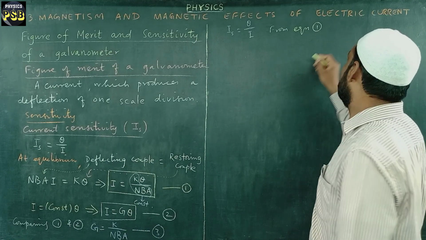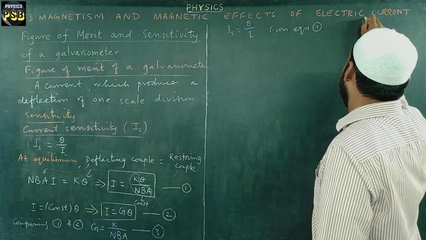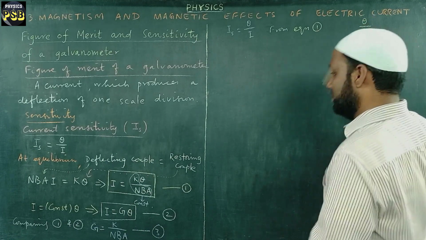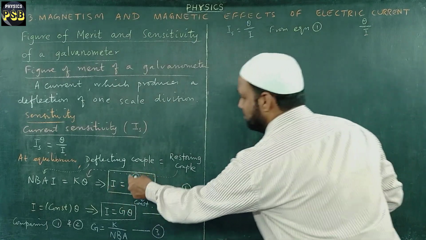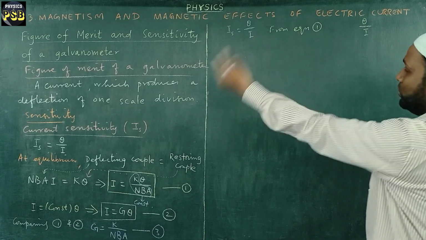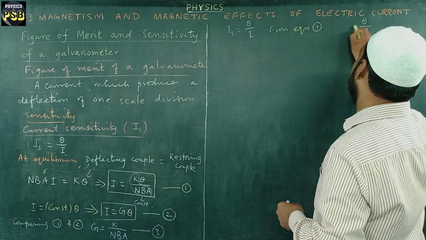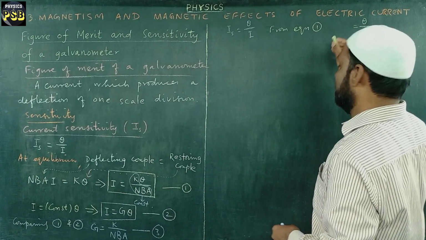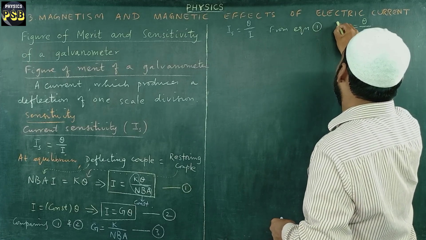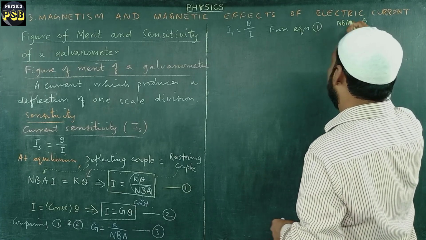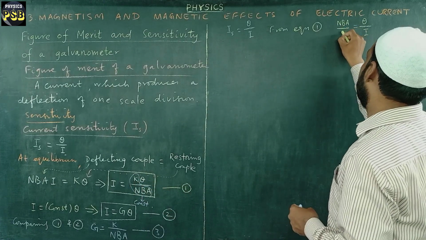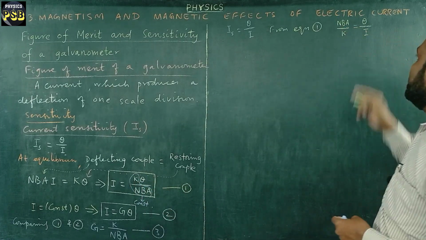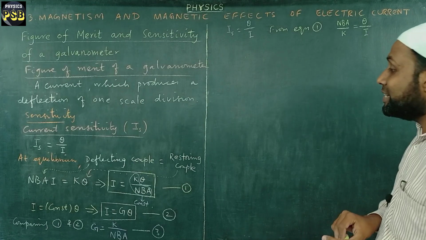So I get theta divided by I. Then this term K upon NBA is taken to the other side, and it gets reversed: NBA upon K. So it is nothing but the current sensitivity.